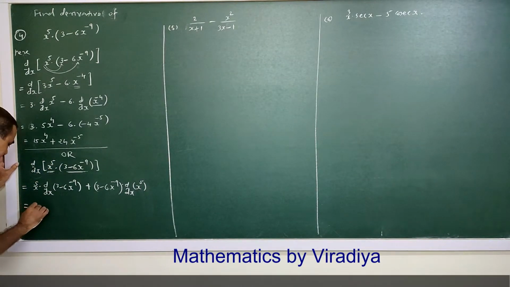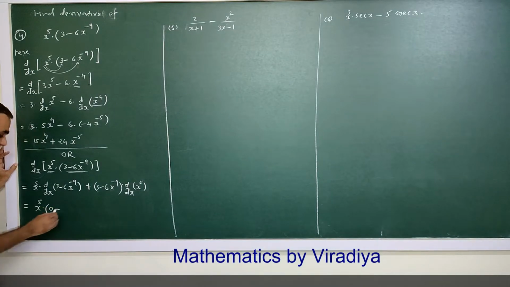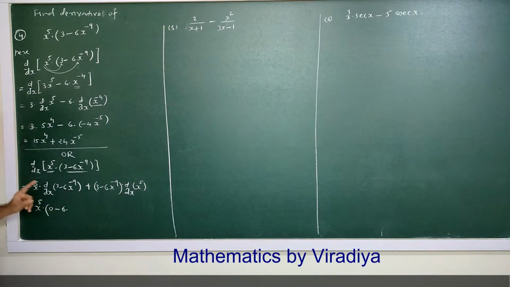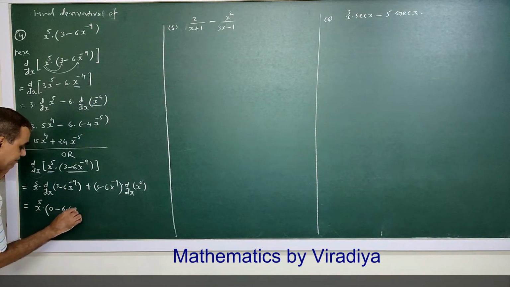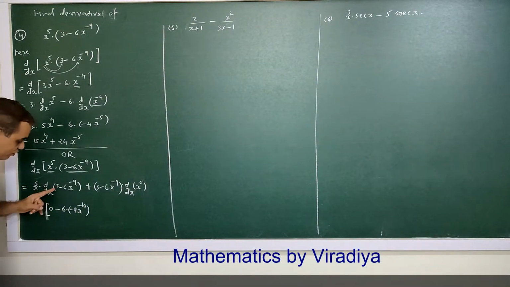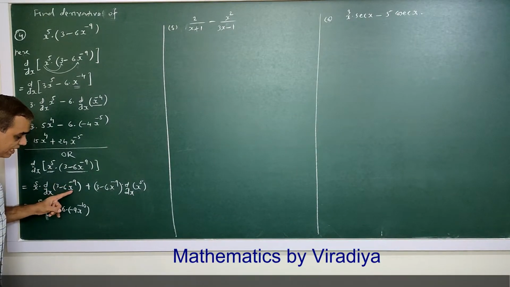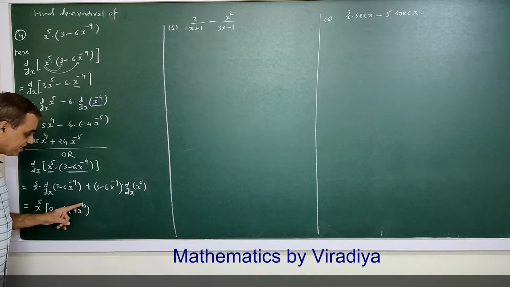So that is x raised to 5 into the derivative of 3, which is 0, minus 6 into the derivative of x raised to minus 9, which is minus 9 times x raised to minus 10. Here I am changing the pattern of the bracket.